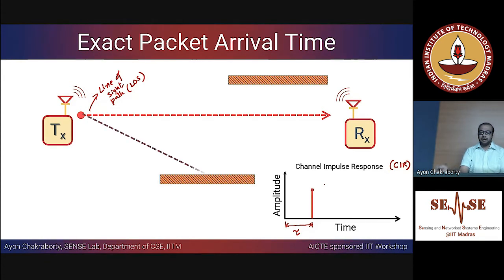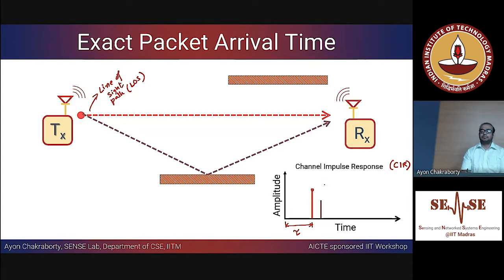Now what will happen? There are other paths. The signal not only travels through the line of sight path, because this is a signal that is just broadcasted in the air, right? So this is just raw power that is put in the environment, and the signal is going to travel in many different paths.